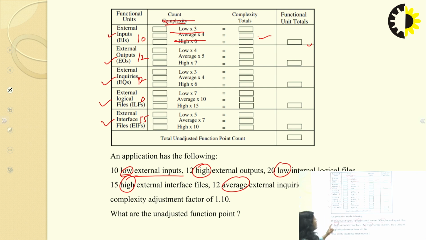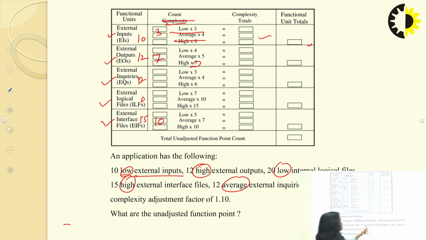External inputs are low in nature, so we provide 3 here. External outputs are high in nature, meaning high, 7. External interface files are high in nature, meaning this is 10.